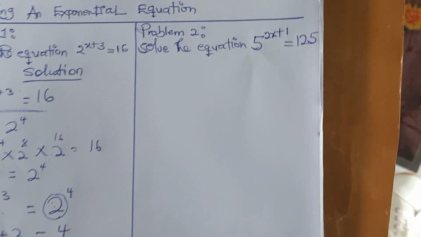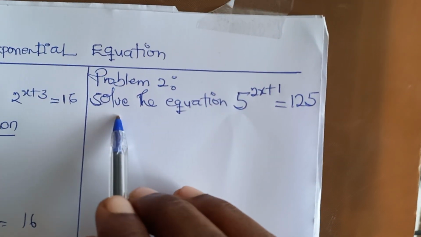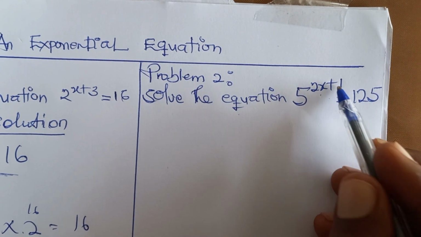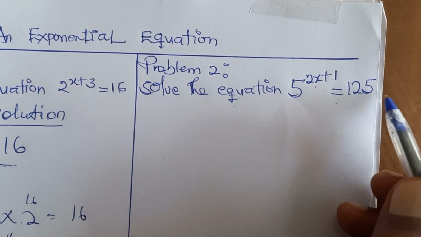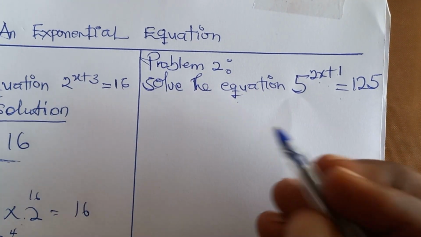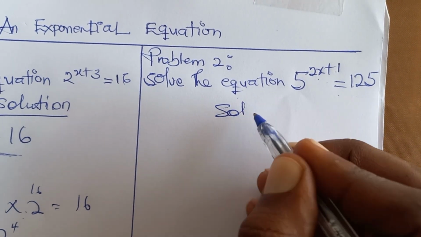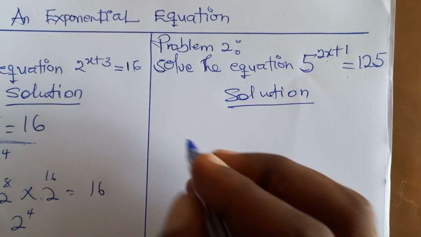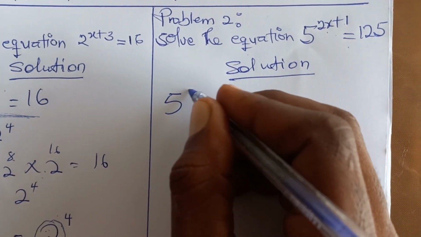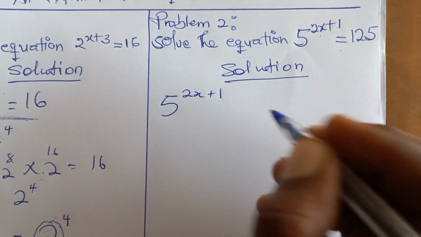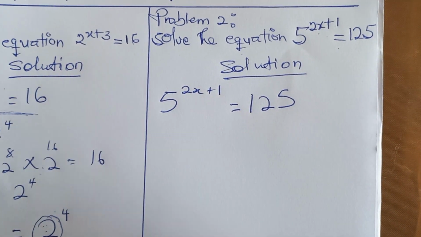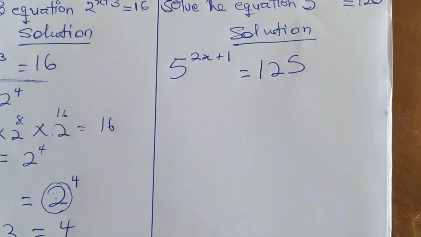Now let's try problem 2, which says that we should solve the equation 5 exponent 2x plus 1 is equal to 125. Same process for this one too.